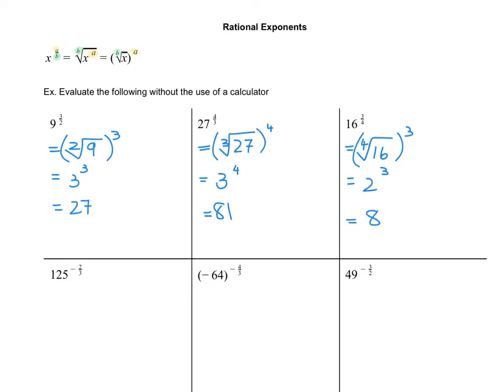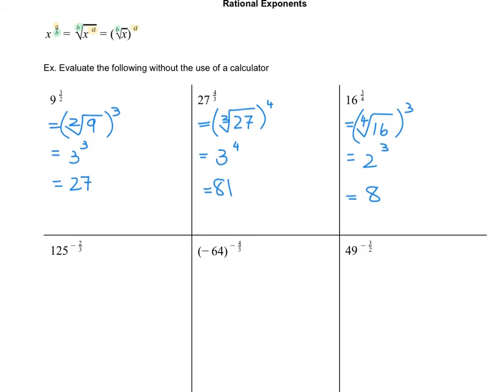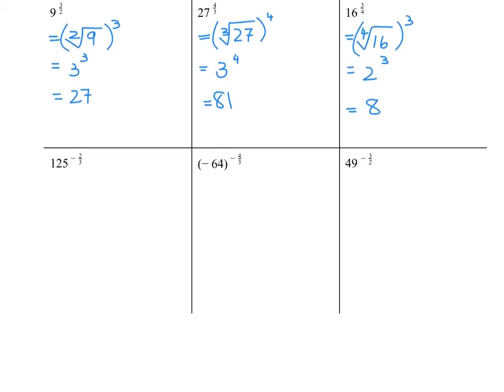So for all three of these examples, my exponents were positive. If you look below, our exponents are negative. So we're not only dealing with the rational exponent, but we have to deal with the negative first. And to deal with the negative, all we're going to do is take the reciprocal of our base. So I will write 1 over 125.